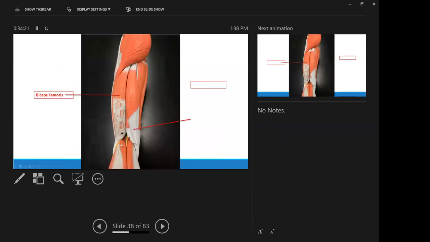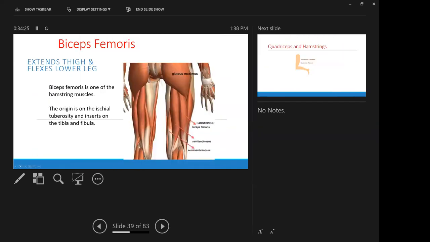Let's go back here. So the hamstrings do just the opposite. Instead of flexing the thigh, they extend the thigh. Instead of extending the lower leg, they flex the lower leg. So this is the opposite action.